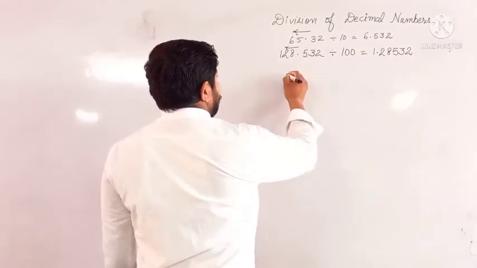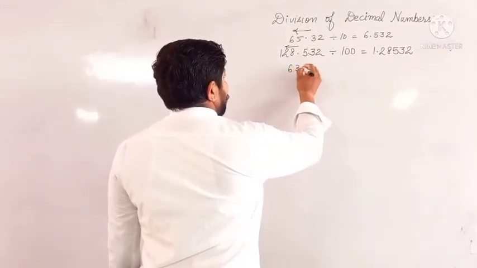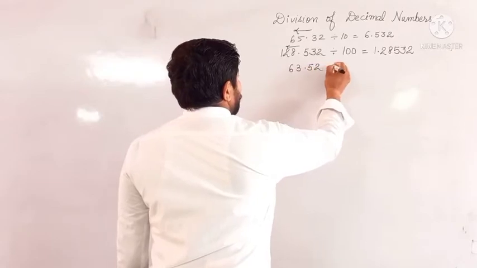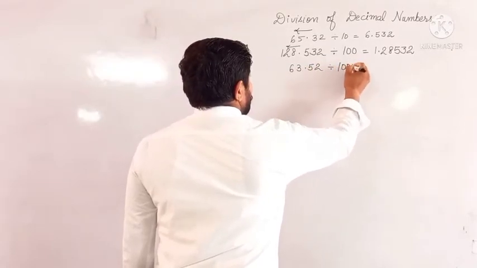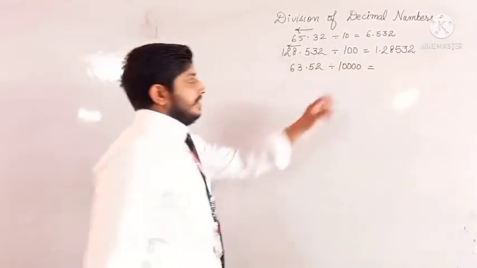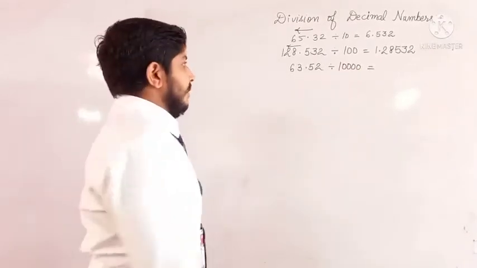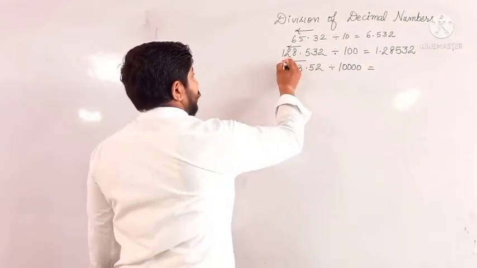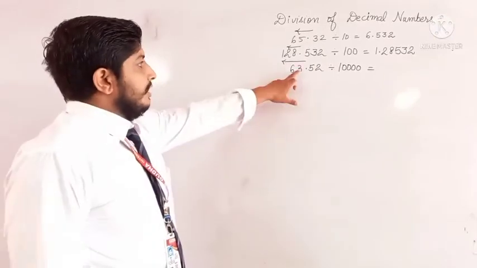Next, I write one more example: 63.52 divided by 10,000. How many zeros are there? Four. So how many digits does your decimal go towards the left? Four digits.